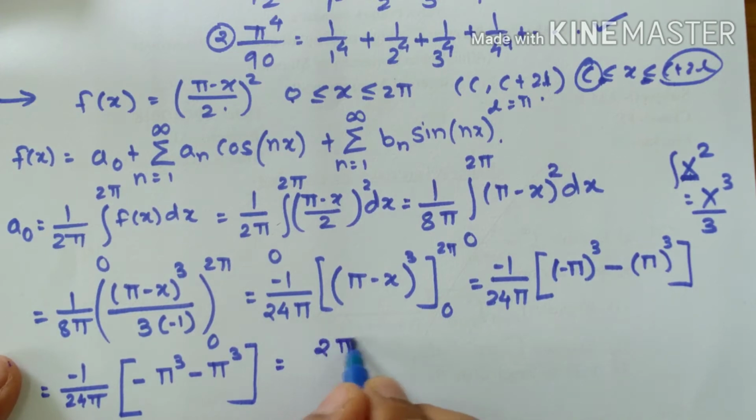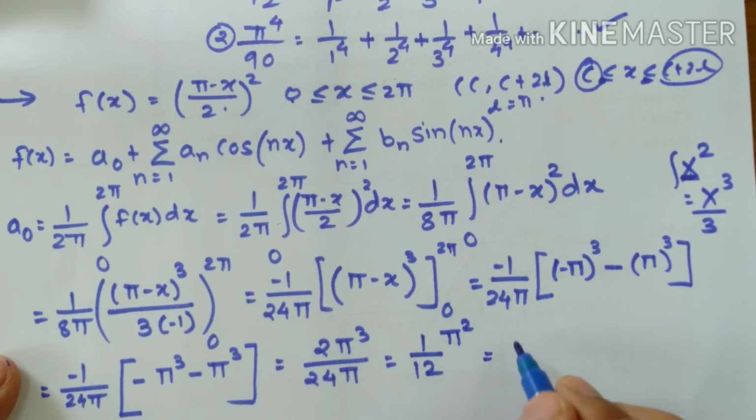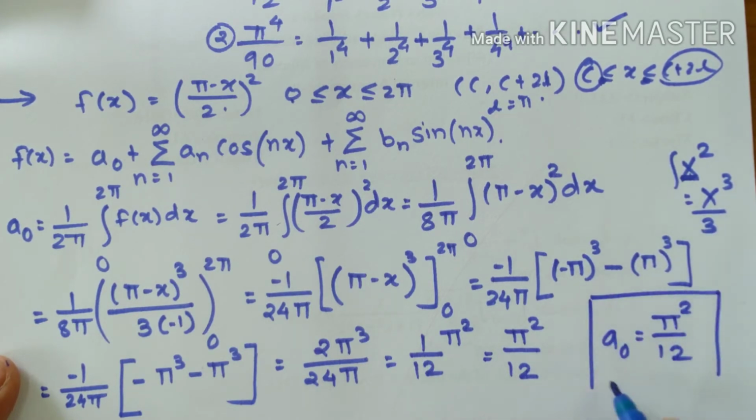So 2 pi cube upon 24 pi. 12 2s are 24. So this is 1 upon 12. Pi cube upon pi becomes pi square. So one can say the answer of a naught is pi square upon 12. A naught is equal to pi square upon 12. This is what we derived right now.